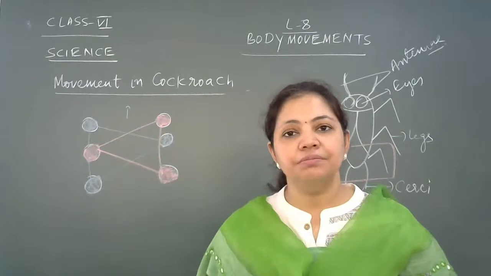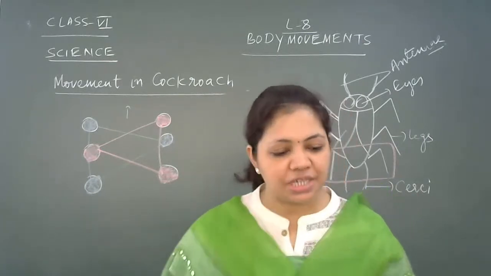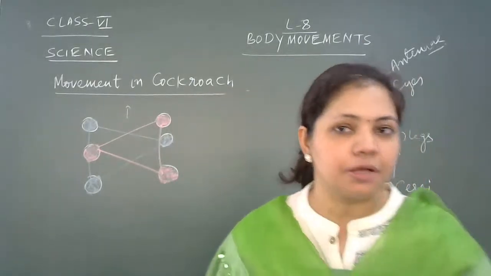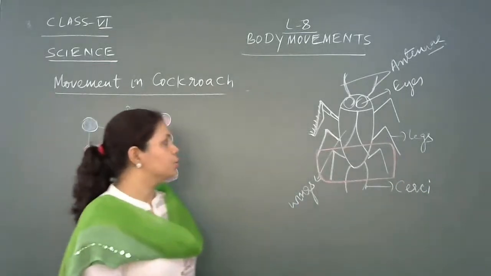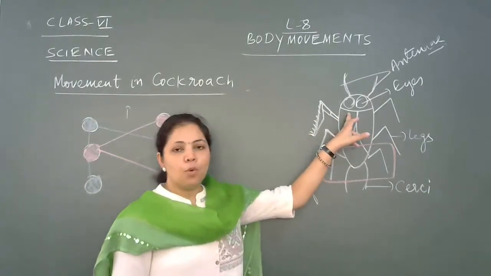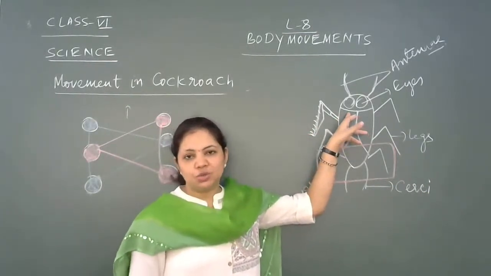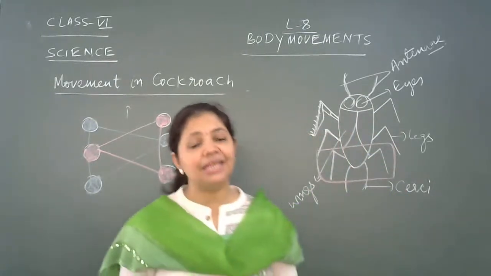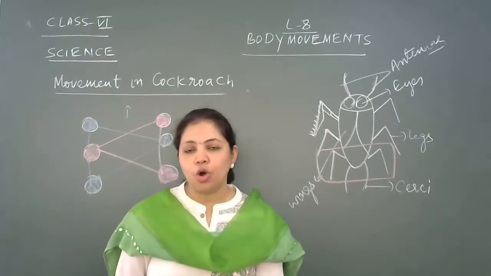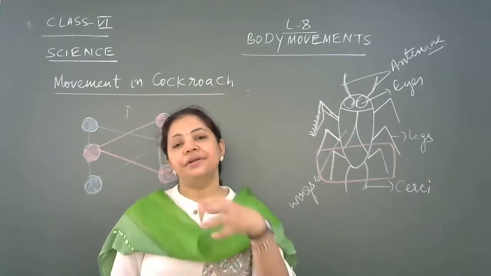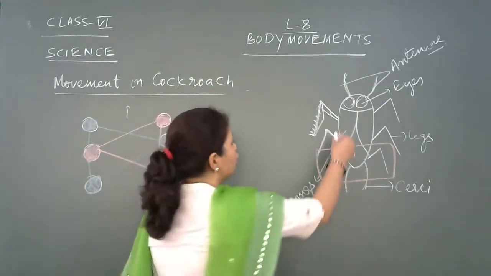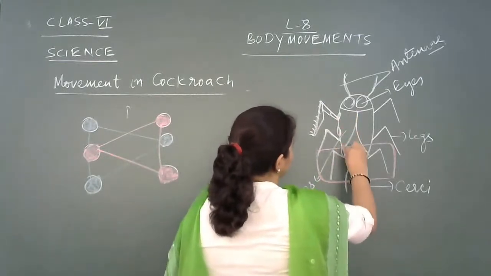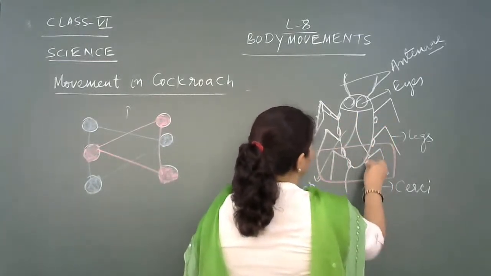The reason is something you learn in our classes, but I always tell my children this interesting fact about the cockroach, because the most important thing which we need to stay alive is oxygen, right? In the cockroach, oxygen enters the body from the sides, not from the head.